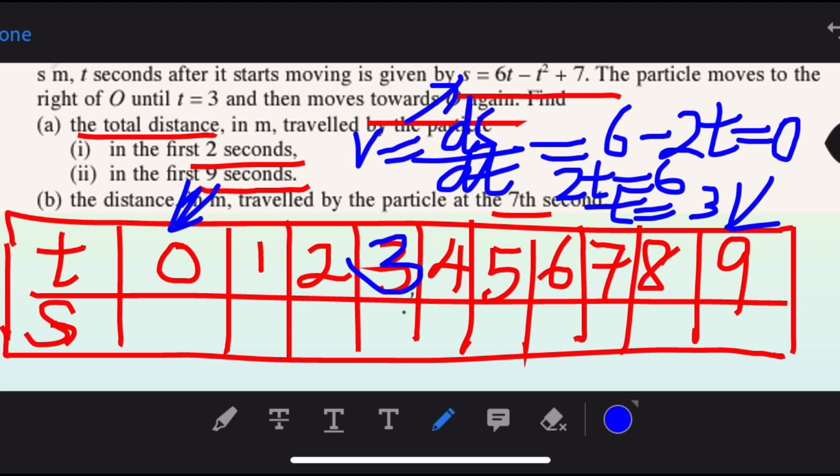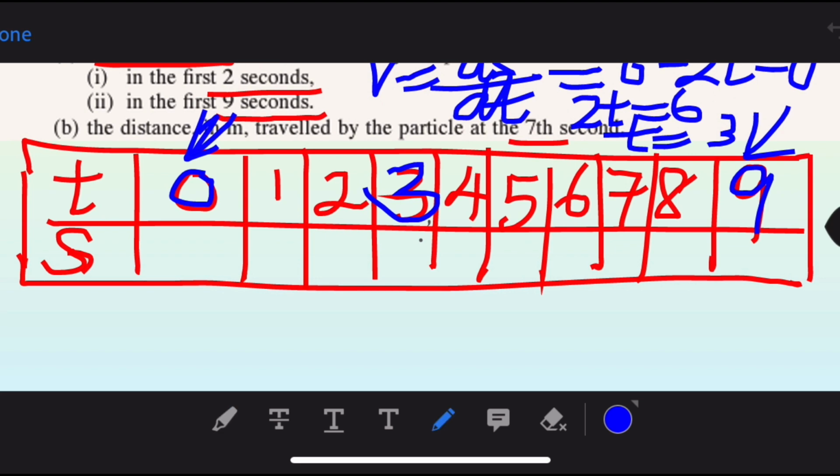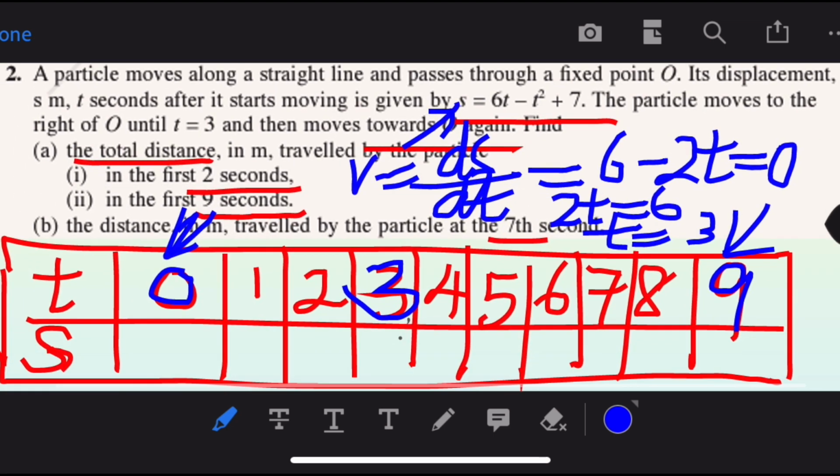Alright, so now we just focus on these 3 timings. In between, you don't have to waste time to find. So let's substitute when t equal to 0. We want to know where the particle is displaced to. We substitute into 6t minus t squared plus 7: 6 times 0 minus 0 squared plus 7, so the answer is 7.